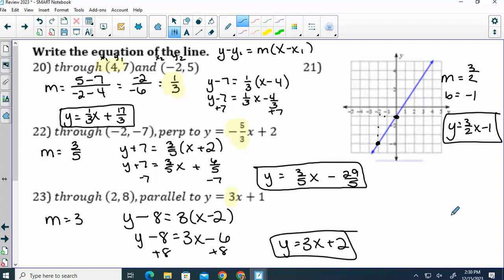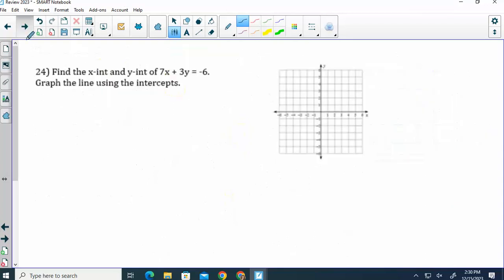Last piece concerning lines that I want to talk about. 24. I am asking you to find the x and y intercepts and use those to graph the line. This is actually not a very nice problem.